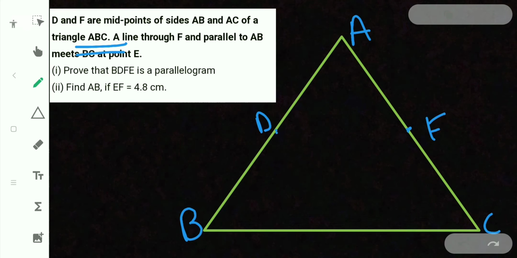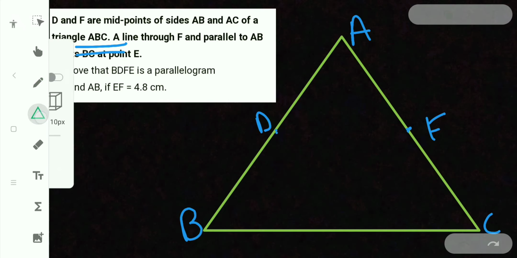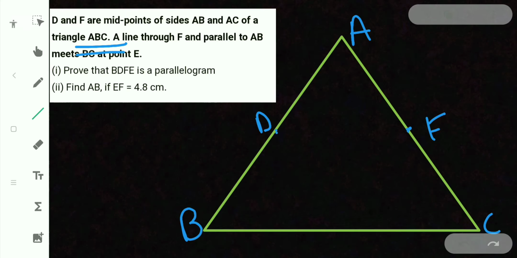A line through F and parallel to AB is nothing but, so this is AB, and parallel is nothing but like this. From here it should originate. Though it could go further, there is no use, so I have drawn it till here.